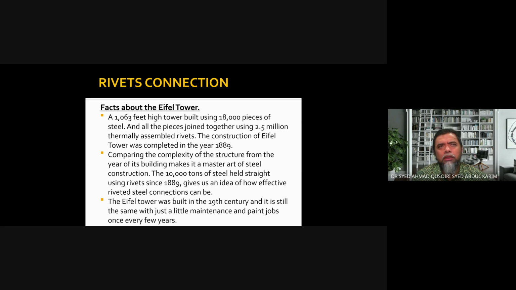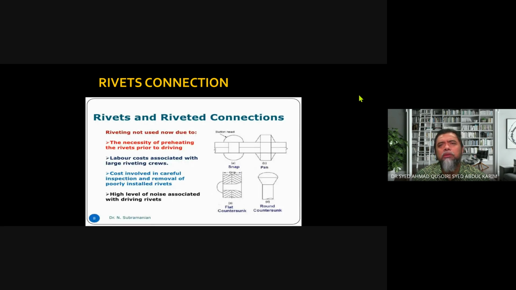So the use of rivet is very effective lah, right, to maintain the rigidity of the steel structure. So that's why it's been used for a very long time. So that's an example, right?